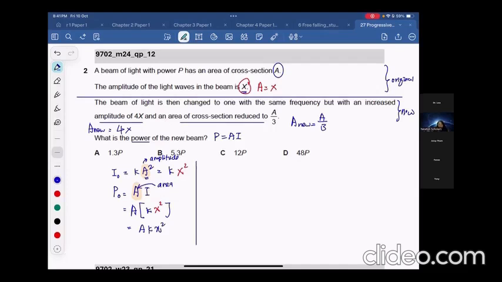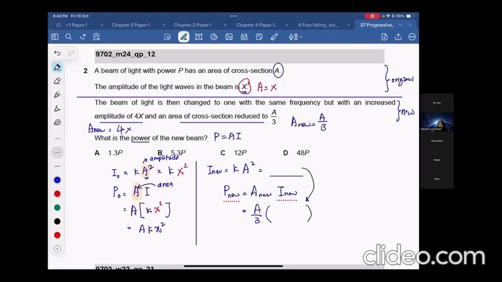So we have to try. What happened to your new? For new, you think K amplitude squared. So I want you to think, what is this? And then your P new is area new times new intensity. Area new, I can give you some hints, is A over 3. Then what is your new intensity here? Do substitution into it.